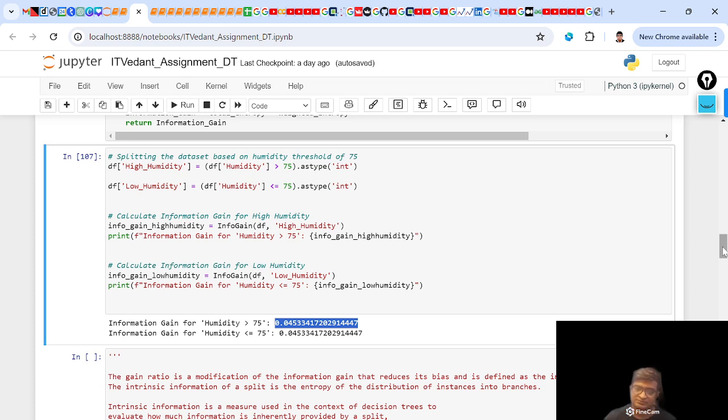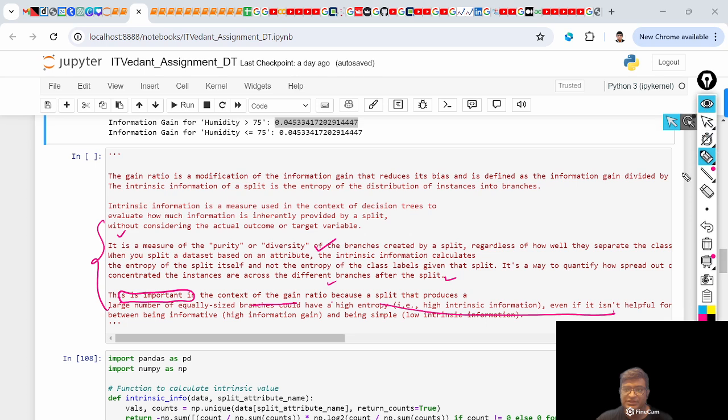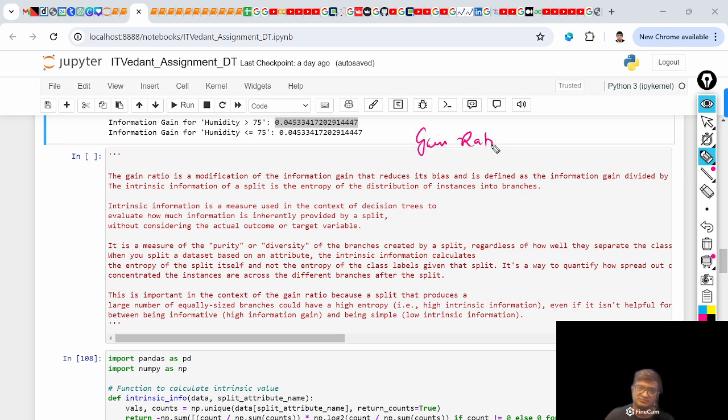Okay, now there is still one problem with information gain, and that leads to our second topic here, which is called the gain ratio. Okay, what is this all about? So let us understand, information gain will be more prone to select features as a root node which have a higher number of unique elements.